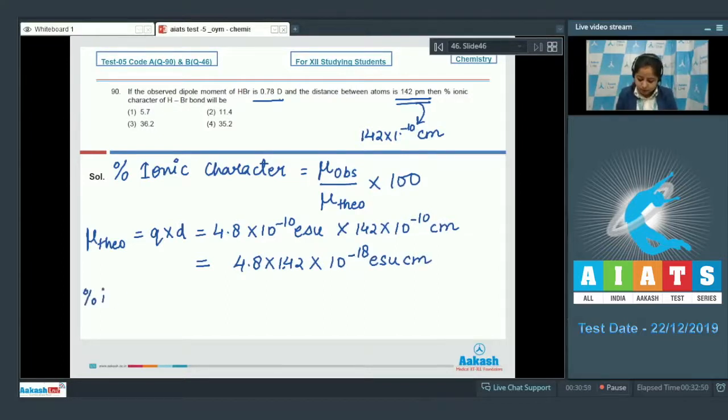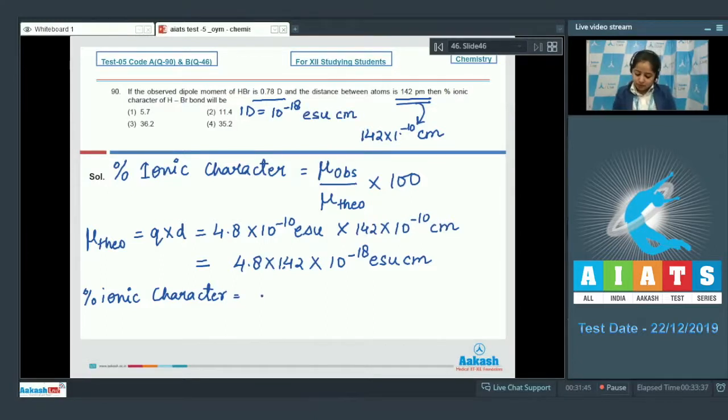Now, percentage ionic character is equals to mu observed upon mu theoretical into 100. Student, here the mu observed is given in D, and as we all know that 1D is equals to 10 to the power minus 18 ESU centimeter.